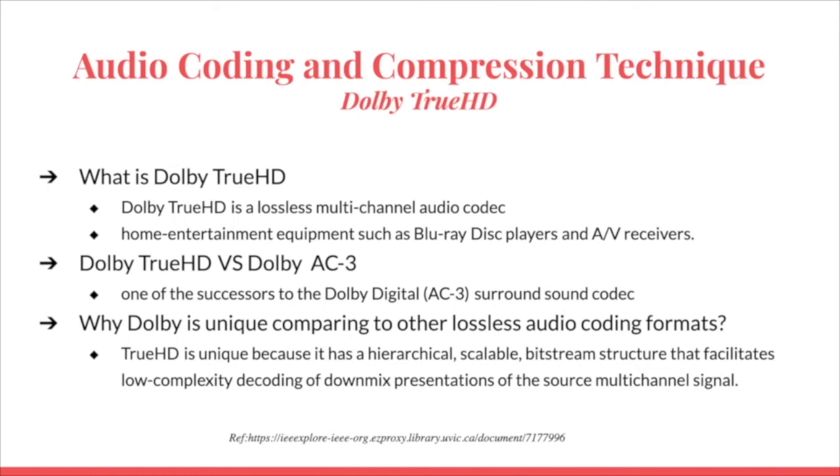Dolby TrueHD uses Meridian Lossless Packing (MLP) as its mathematical basis for compressing audio samples. MLP is also used in the DVD-Audio format, but details of Dolby TrueHD and the MLP lossless format as used on DVD-Audio differ substantially.